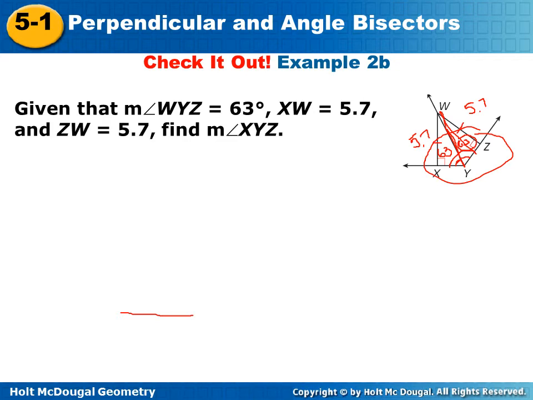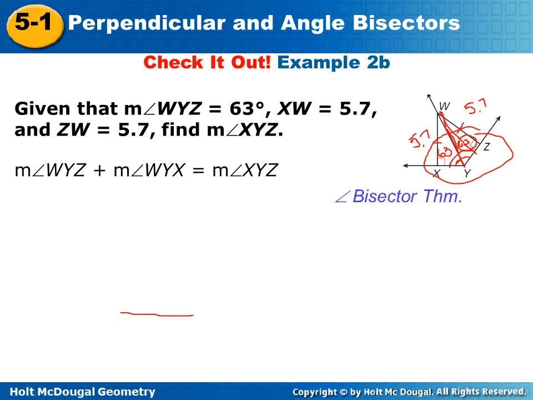Here we have a picture where the measure of angle WYZ is 63 degrees, and XW is equal to 5.7, and ZW is equal to 5.7, and we want to find the measure of angle XYZ. The measure of WYZ plus the measure of angle WYX is equal to the measure of angle XYZ.